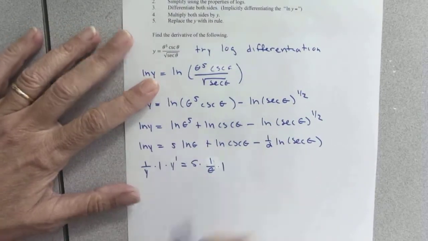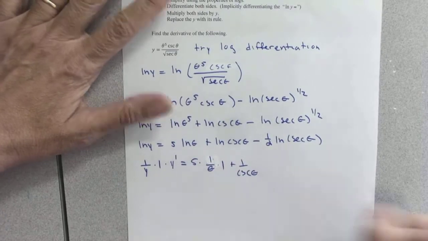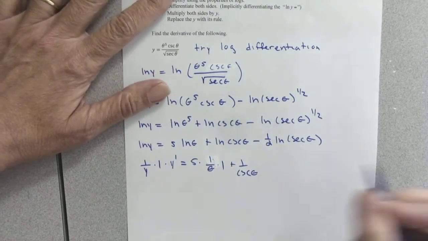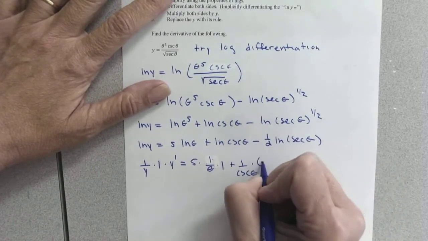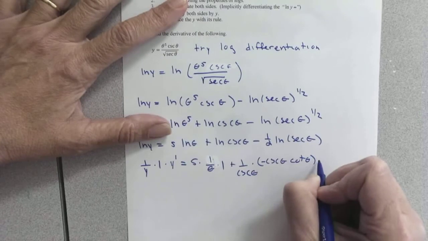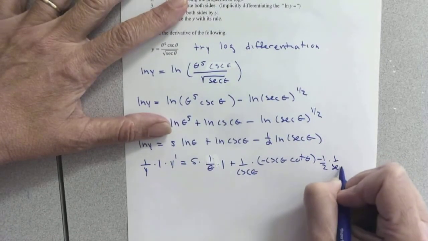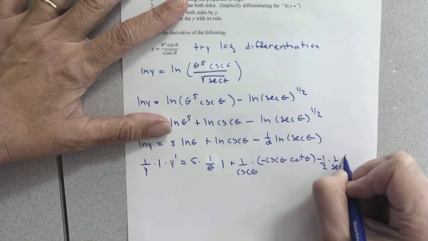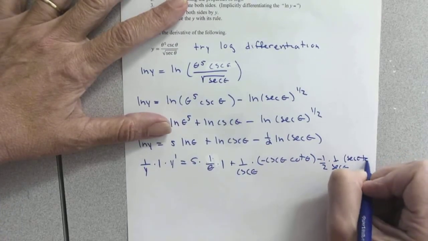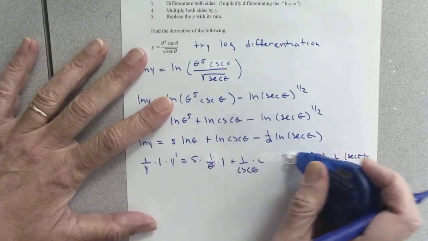Over here, differentiating with respect to theta, so 1 over theta, 1 over the argument, derivative of the argument, so 1 over cosecant theta, derivative of cosecant is negative cosecant cotangent, minus 1/2, and we'll see if I can write small enough to get it on here, 1 over the argument, derivative of the argument. I'm going to have to rewrite it so I can get it all in one line there.